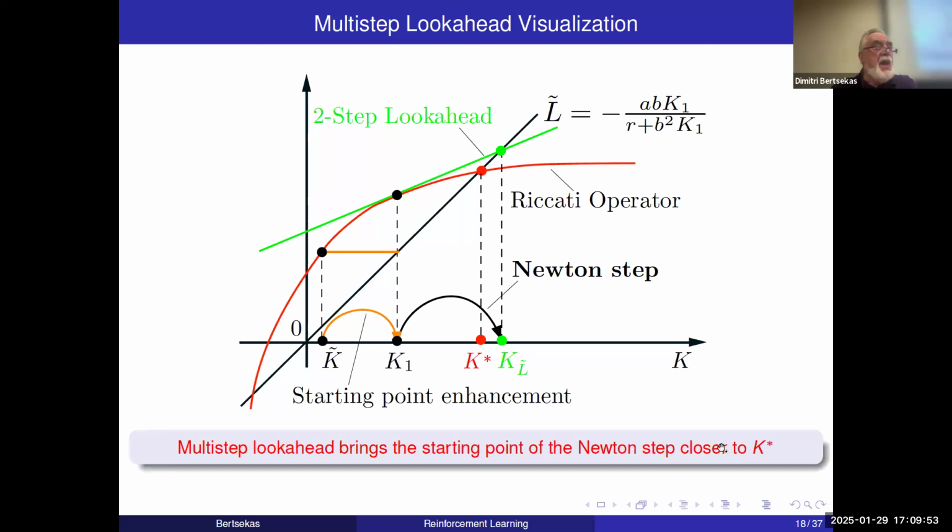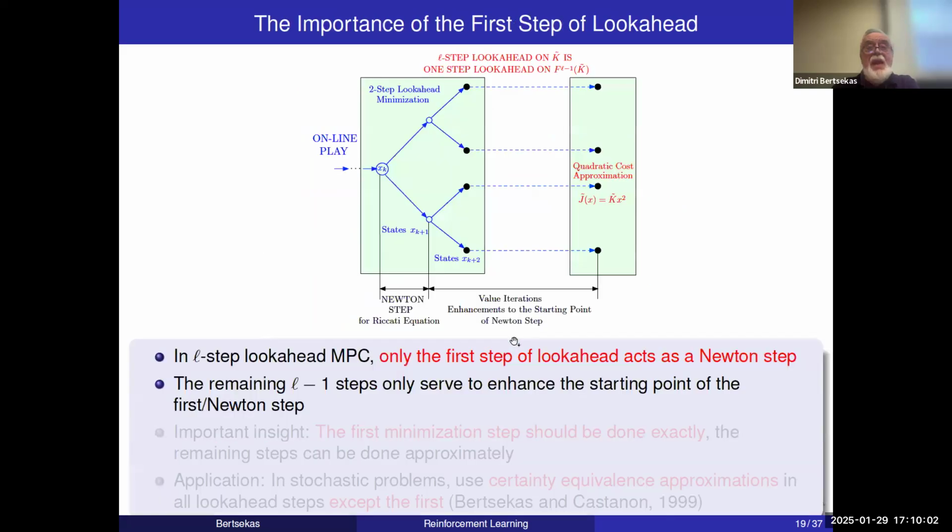So that's the key insight. It's the first step of the look ahead that is the Newton step. And this now brings another insight into play, namely that the first step is the one that's important. The rest is kind of subsidiary. They could be approximate, but the first step has to be as exact as you can.